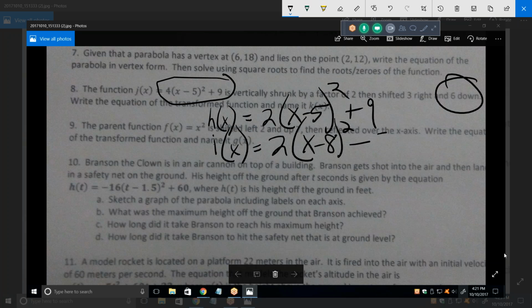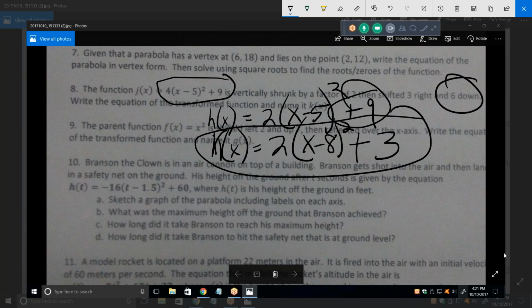Minus 3, or plus 3, sorry. In other words, we started at plus 9, so all we're doing is going down 6 from plus 9. That gets us to plus 3. So there's your result. In other words, the difference between k of x and j of x is exactly what they have said.